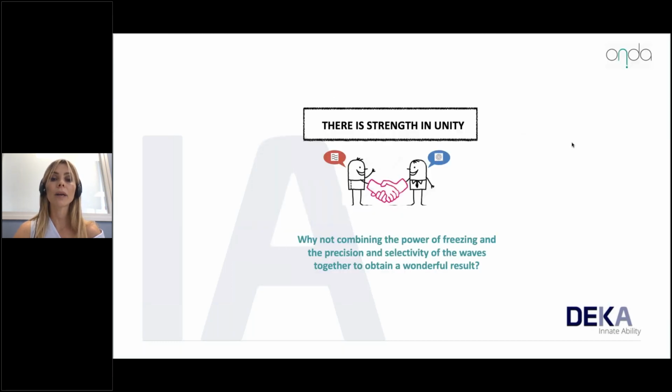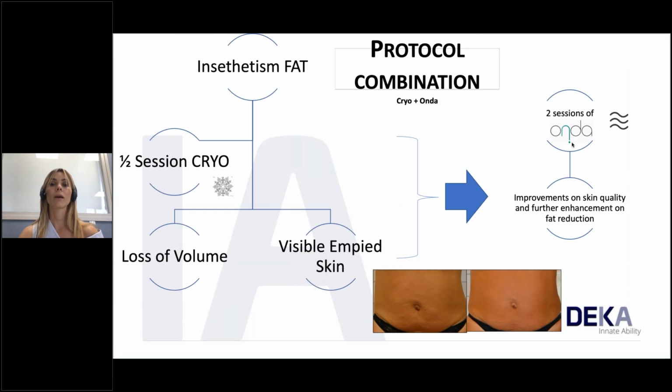So that's why we can eventually combine the two treatments. If my main aesthetic problem is the fat, I can perform 1-2 sessions of cryo, and then if I'm satisfied with the loss of volume, I can stop the treatment. Otherwise, if I observe visible lax skin, I can start with 2 sessions with Onda.